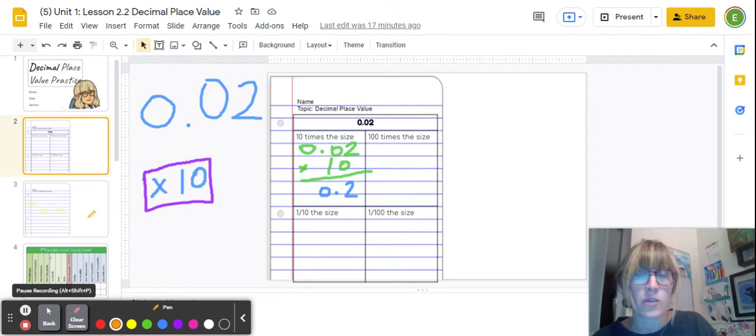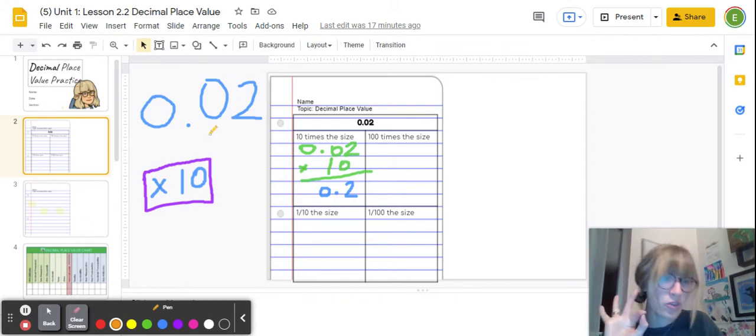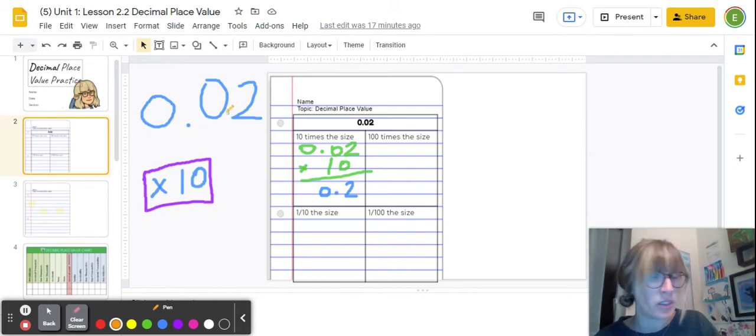Now we're going to check it with another strategy. This strategy I like to call the whoop strategy. You're going to whoop the decimal in a direction that is going to make your decimal number, 2 hundredths, 10 times bigger. I know that I'm multiplying it by 10, so it's going to be bigger.